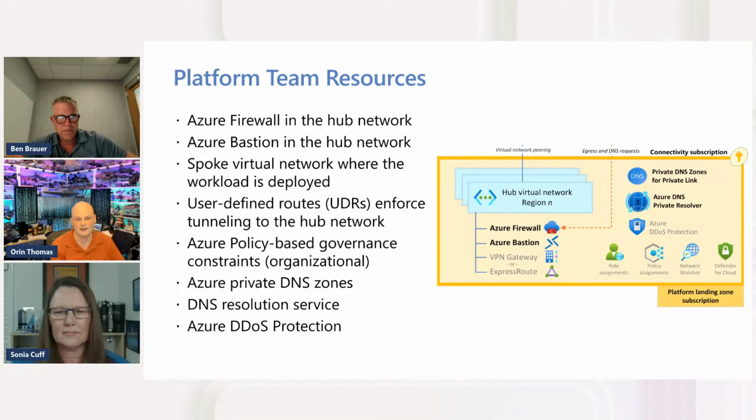The governance constraints. So what are the policies? The reason I'm bringing up the policy element is that when we get across to the workload team, we've also got policy elements there. So what's a good example of a policy that might exist at the platform level? Well, anything that relates to your identity, not everything, but your identity will most likely be managed at the platform level.